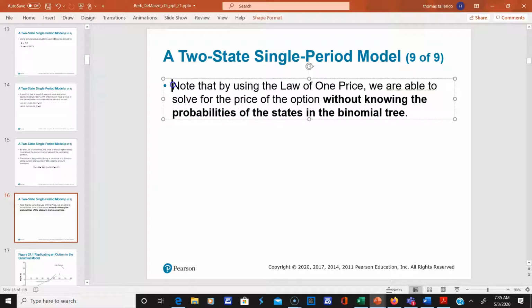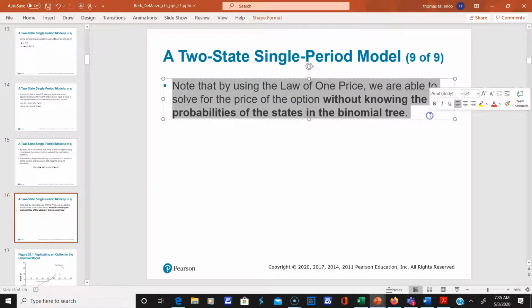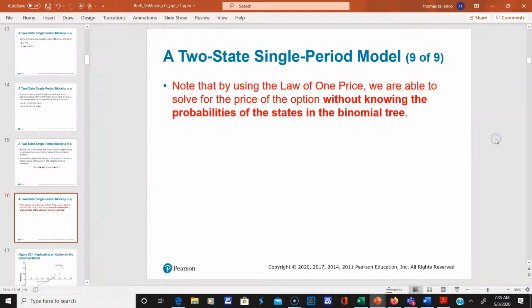By using the law of one price, using what they just accomplished, you can solve for the price of the option at the very time t0 at the beginning without knowing the probabilities of the states in the binomial tree. So you don't have to know the probability of the states. That's an important concept. Again, that's a nice true and false question that you should understand, that terminology.